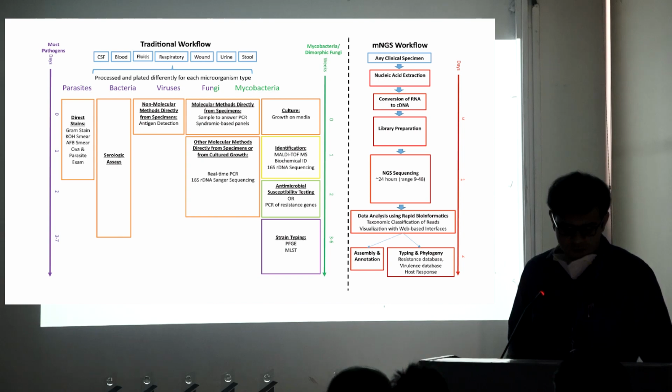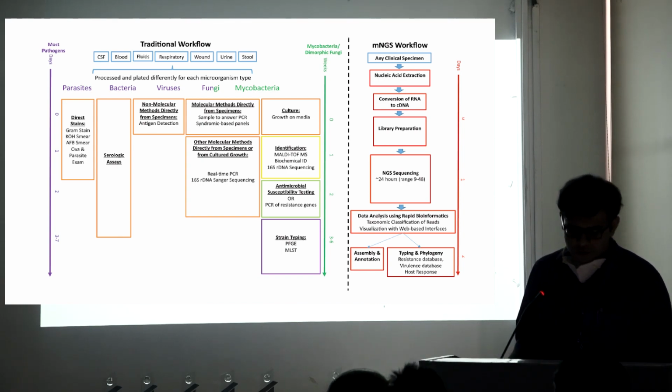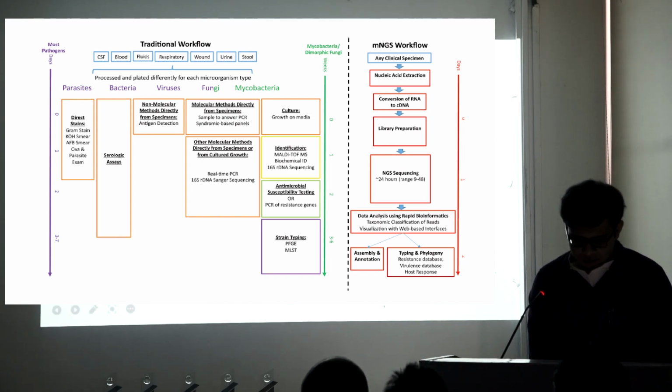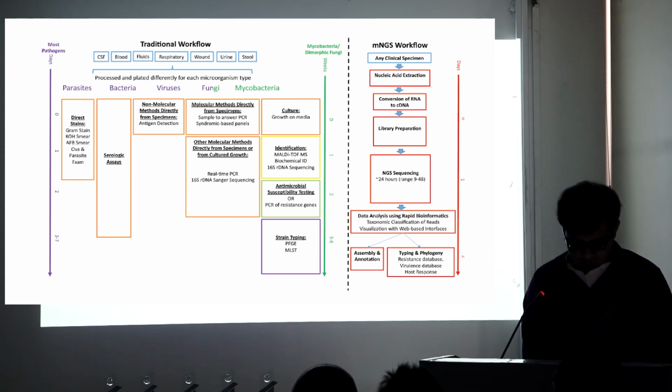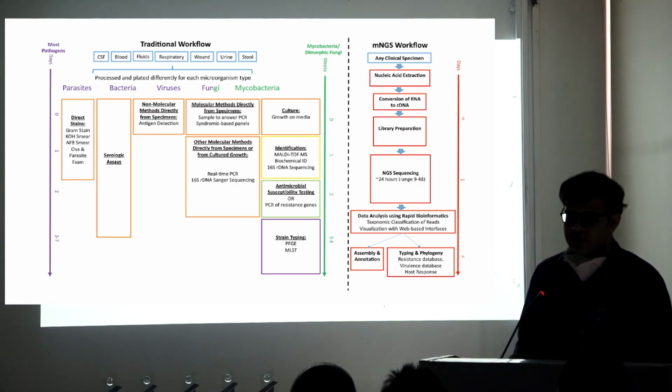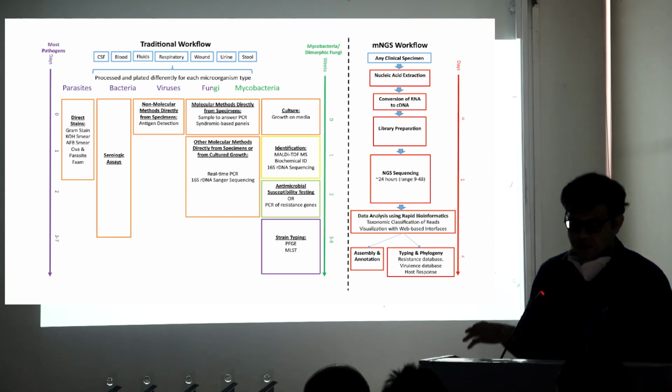So on the left side of the screen, you have got the traditional workflow. In the NGS workflow, you have got a clinical specimen, you just put it inside the NGS, and you get the nucleic acid extracted. You have got a library of the whole genetic material.